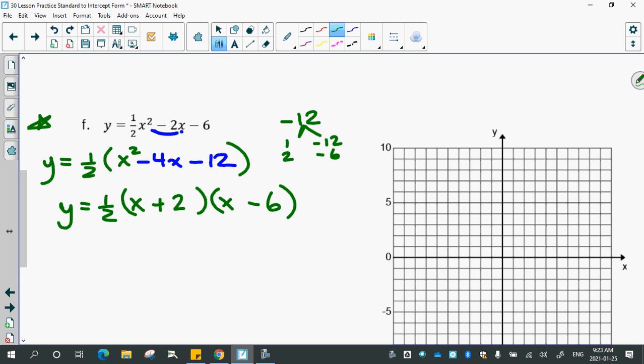So now you've got intercept form, which means you should be able to tell what R1 and R2 are. So R1 is -2, and R2 is 6.